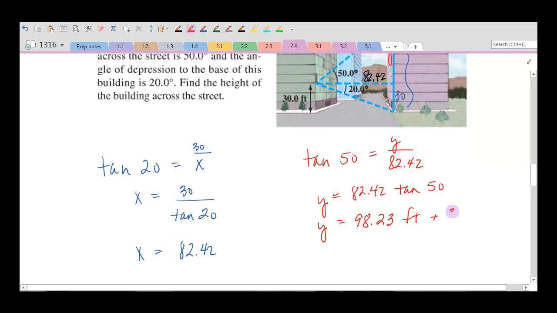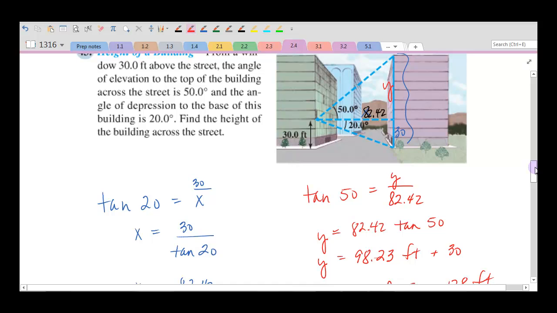So plus another 30, and the height of the building is 128.23, or maybe we want to round this to the nearest foot, and we see that's 128 feet. So that's really just taking tangent. Tangent is the trig function that really deals mainly with the sides of our triangle. And since we are given sides here, or we're trying to calculate sides as well, that's the one we're going to use.